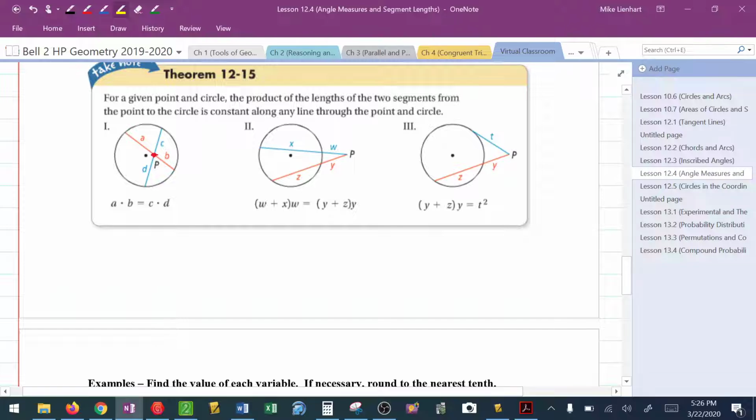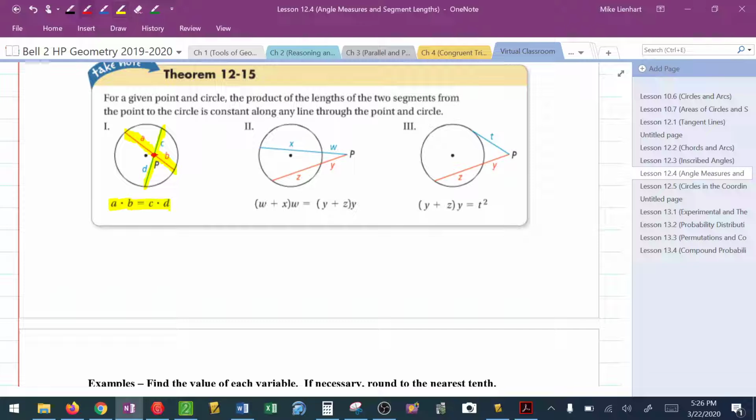To get from the point of intersection to one edge and to the other edge, that's our A times B. It has to be equal to, now jump on the other chord and do the same thing. How do I get to one edge? How do I get to the other edge? Multiply them together. And that's how we come up with that equation. So we're going to have known information in there to create an algebraic equation to solve.